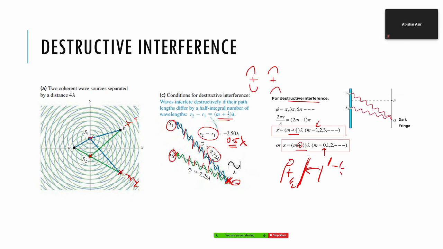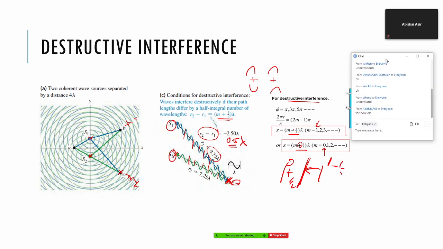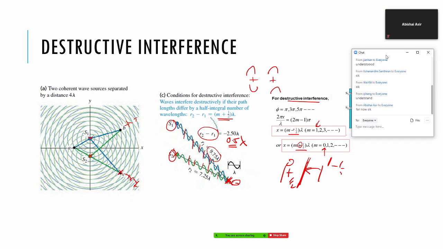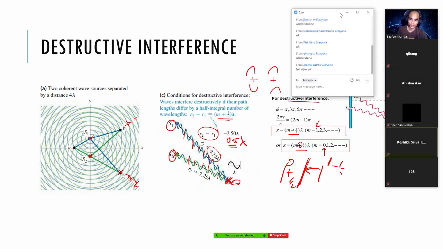How about Keshika? Keshika, do you understand? Sometimes I like to ask Keshika. Keshika, do you understand what's happening in front? Yes, teacher. Okay. For constructive interference, what will be the formula?